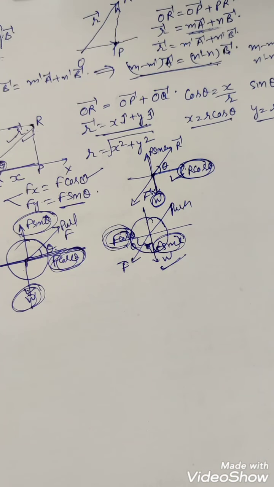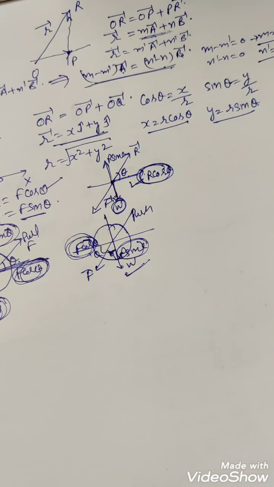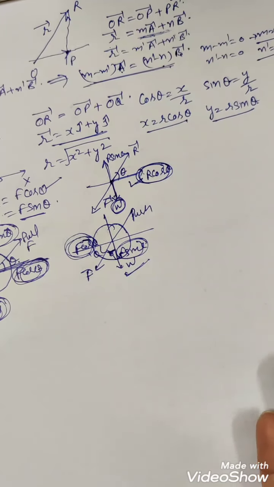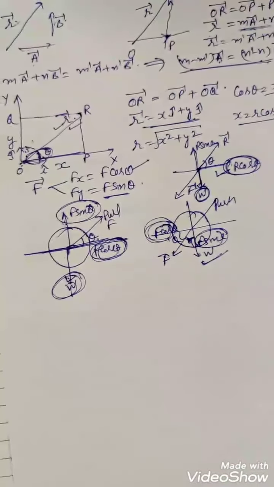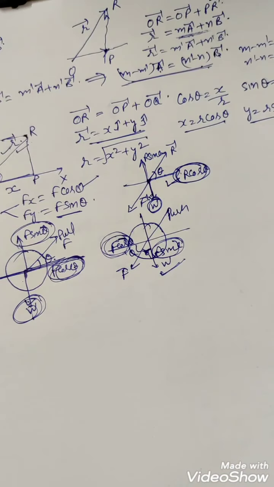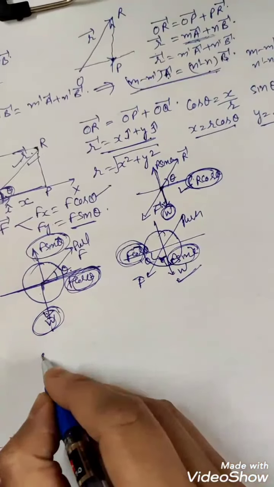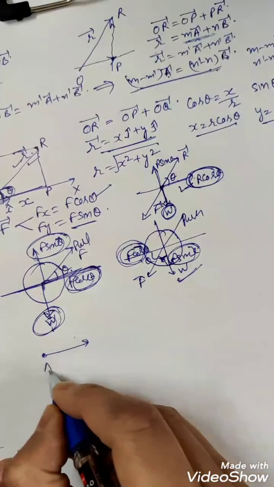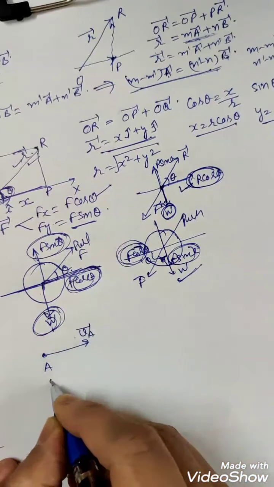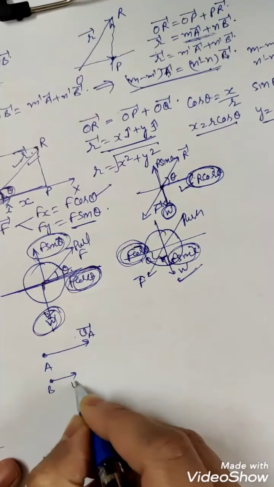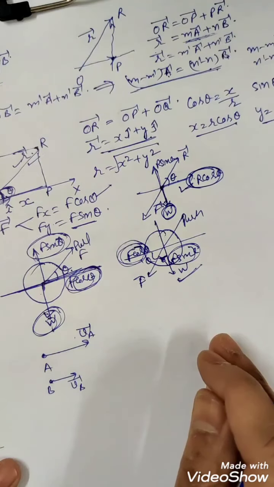Then we have relative velocity, that is, relative motion. When two bodies have simultaneous motion, the velocity of one with respect to the other is called the relative velocity. To find the relative velocity, we have to superimpose. Like this is body A with velocity VA, and this is body B. They move simultaneously in parallel directions.